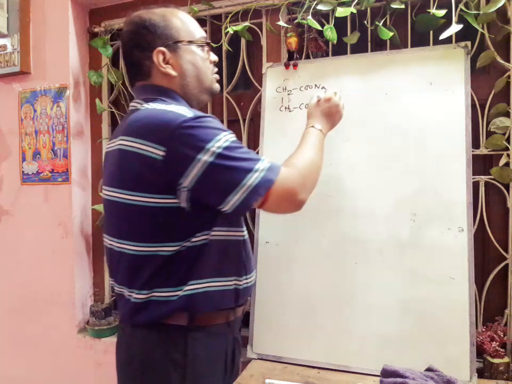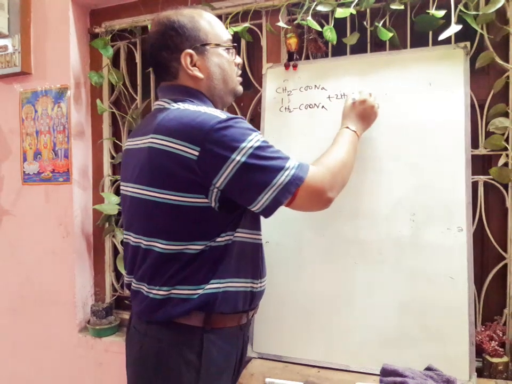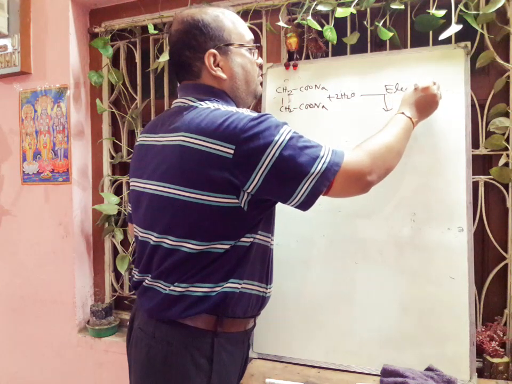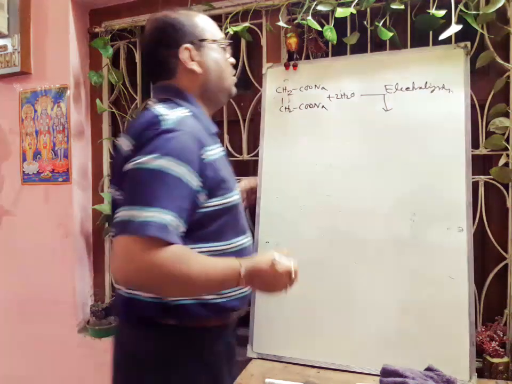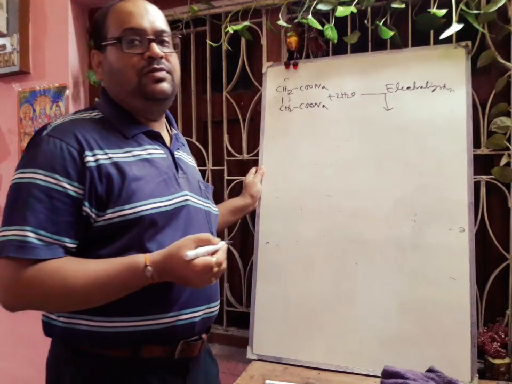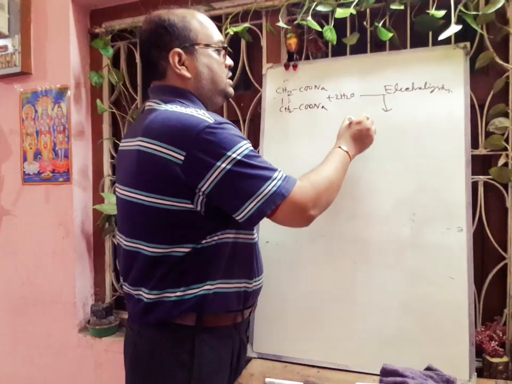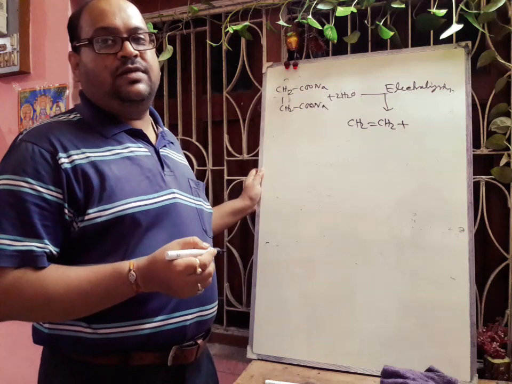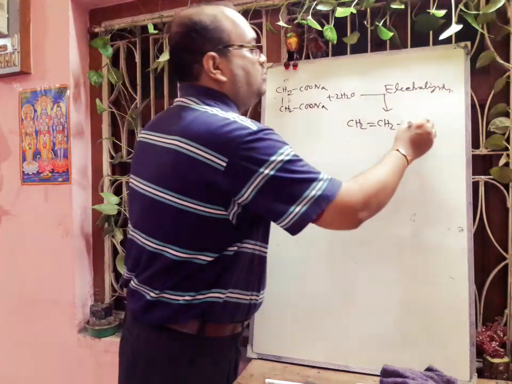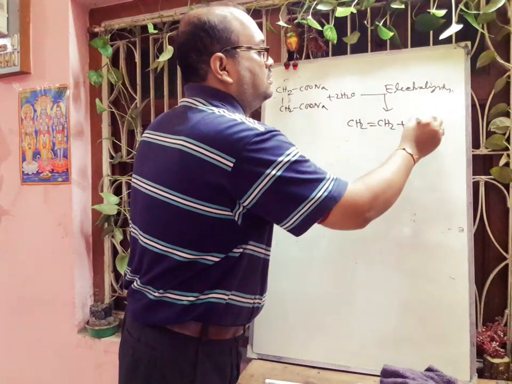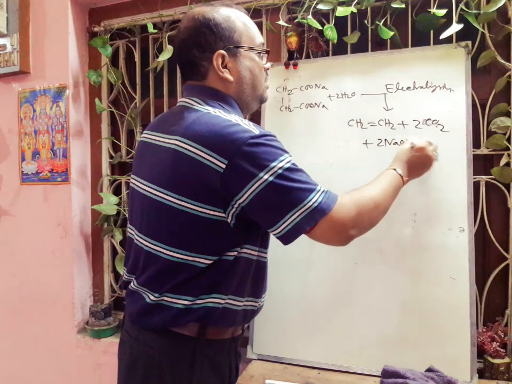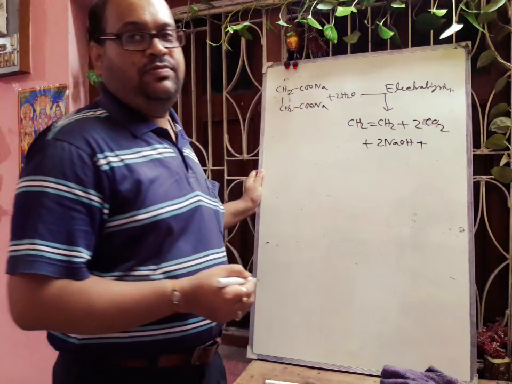So here also by electrolysis, what will be the product? The product will be ethylene, CH2 double bond CH2, and there will be elimination of carbon dioxide gas, that is 2CO2, plus 2NaOH, plus there will be formation of hydrogen.